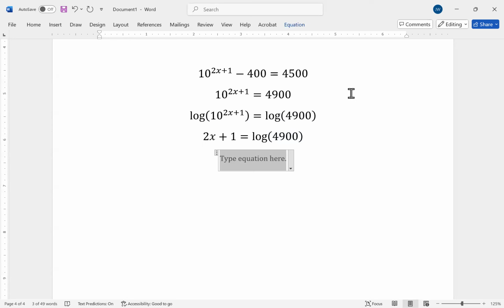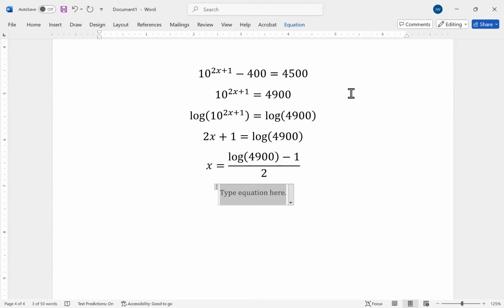Subtract 1 from both sides and then divide by 2. I'm going to do that all in one step. Be careful when you do that because the subtraction has to happen first before you divide both sides by 2. So log of 4,900 minus 1, and then all of that is divided by 2.